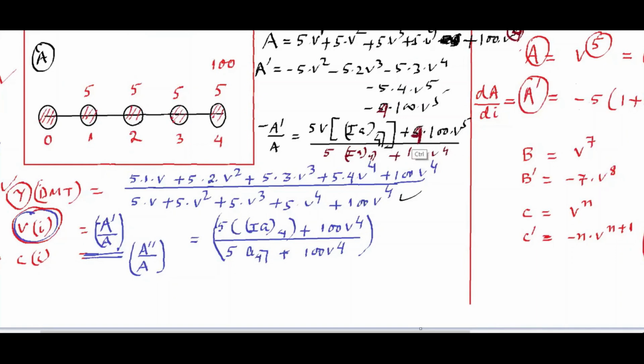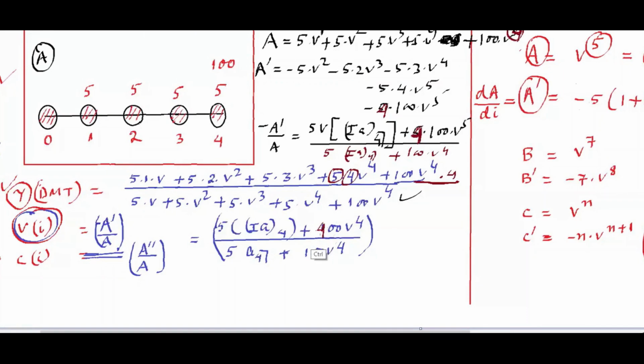Still you have to get it 5. There is some problem even here. When I wrote here 100 v4, and the time here I wanted to write, I missed the time here. So I should have written 4 here also. Here you see 5 is the payment and 4 is the time. So here this will be 400 v4.